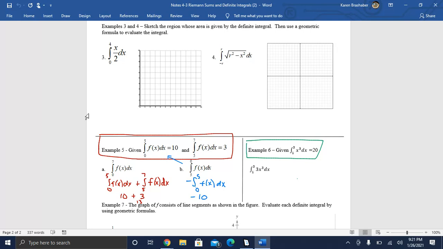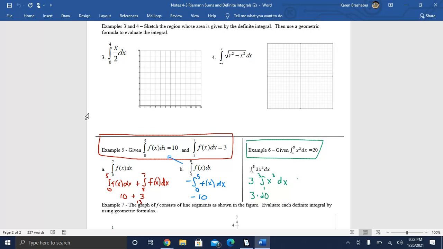And so if we are given 3x cubed, we can use the property that says we can pull the 3 in front of the integral. So 3 times the integral from 1 to 3 of x cubed dx. And then we know that that integral is 20. So this would be 3 times 20 for a value of 60. So our final answer on that one would be 60.